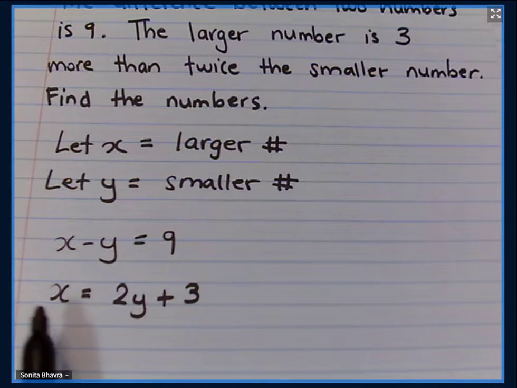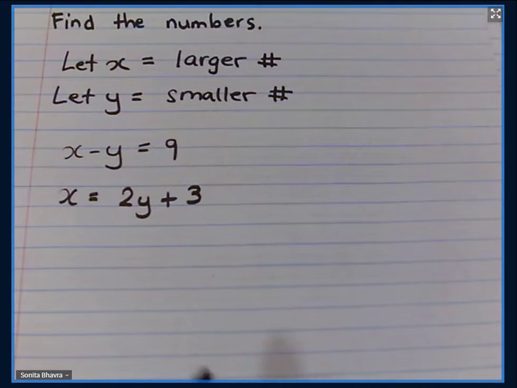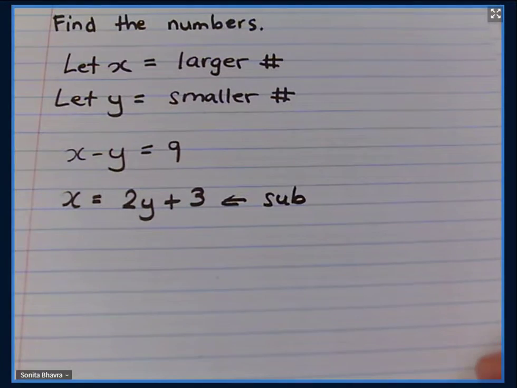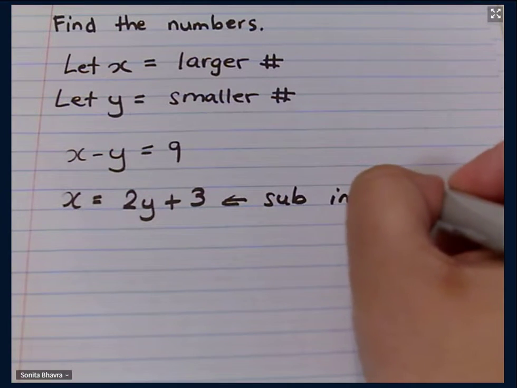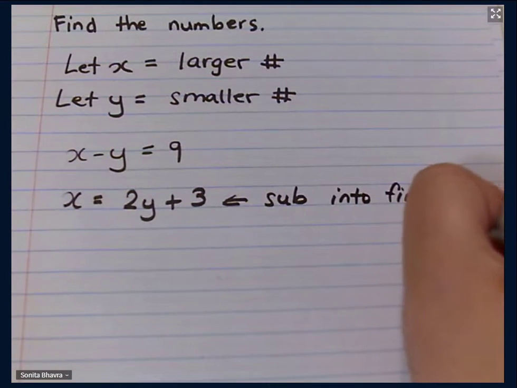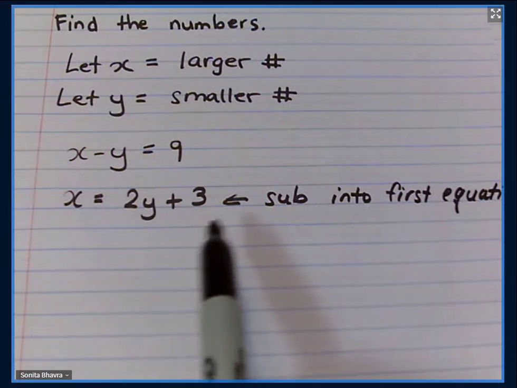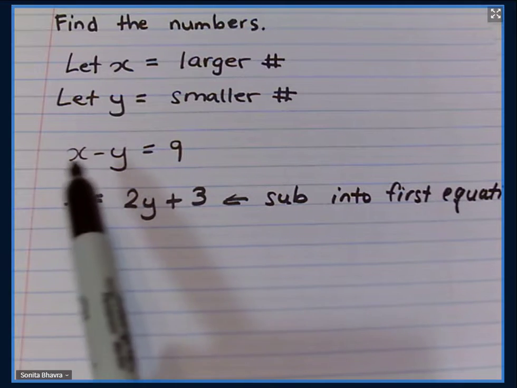And since this is already in x equals form, we can use substitution. So I'm going to use substitution. I'm going to take this equation and I'm going to substitute it into the first equation. So I'm going to take 2y plus 3 and I'm going to substitute it right into here in the first equation.